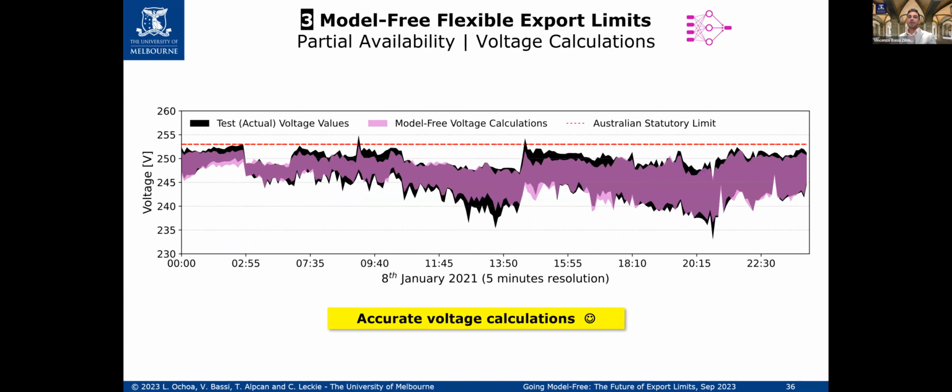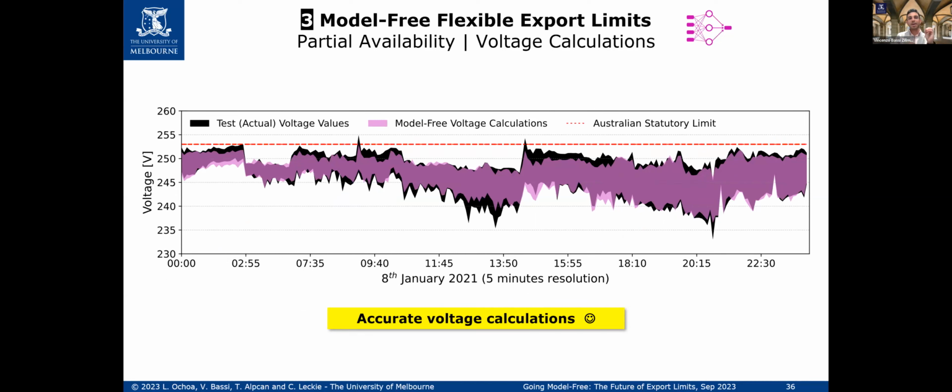In terms of the day of interest in which we are going to calculate flexible export limits, we can see that there is an accuracy decrease. For instance, now you can see more of the black part of this graph than before. Let's consider those 2 points in which we are already exceeding the voltage statutory limits.